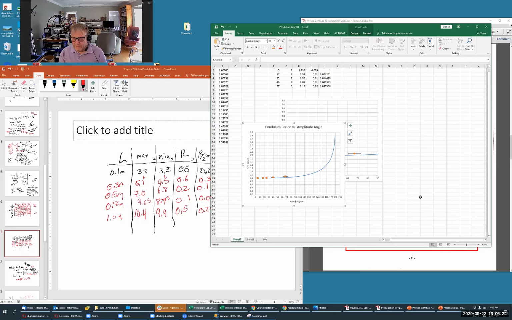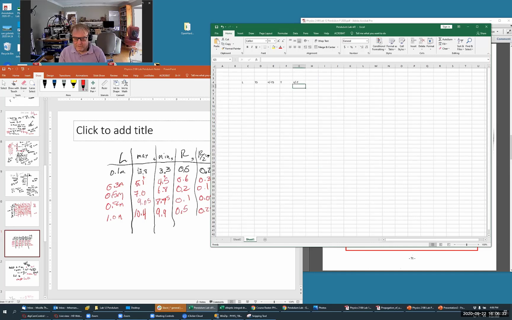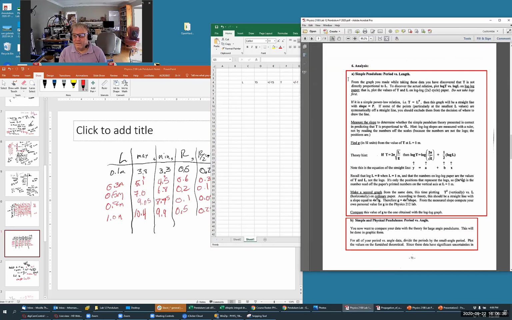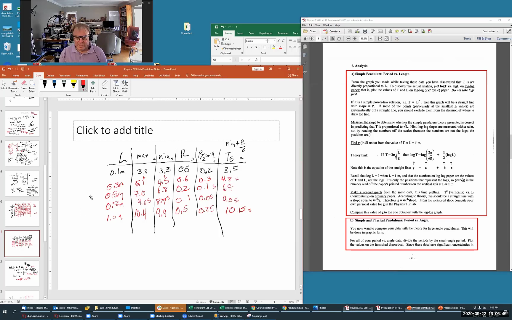Oh, look at this. I think that Lawrence has sent us the data tables. Thank you. So right now we're going to plot what's on the lab write-up, 6A. We're working on 6A because that takes the most time. That means we're taking the data with the length points.